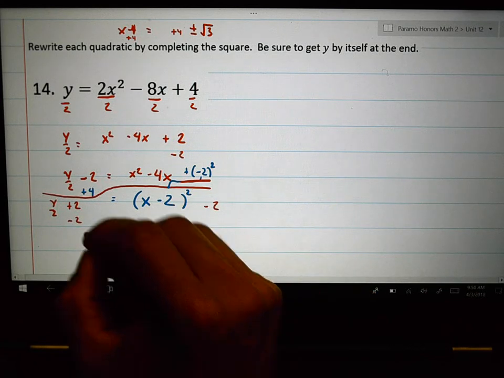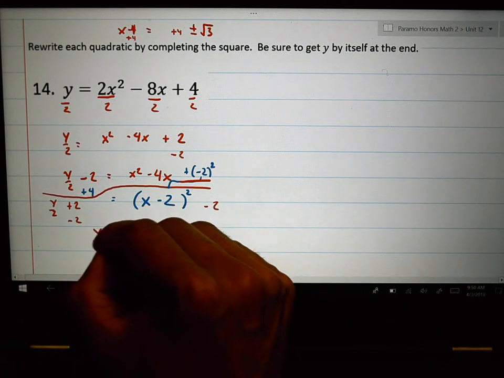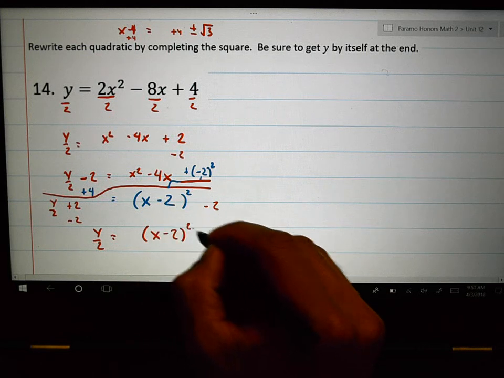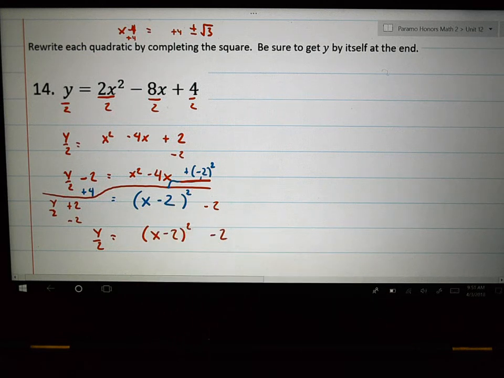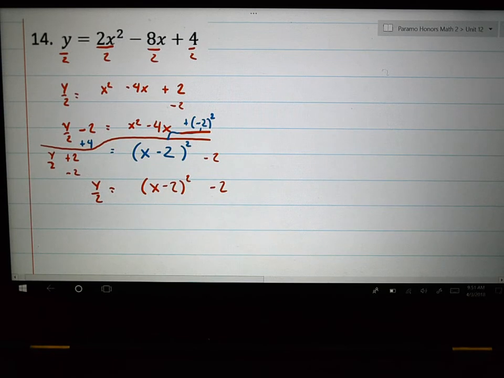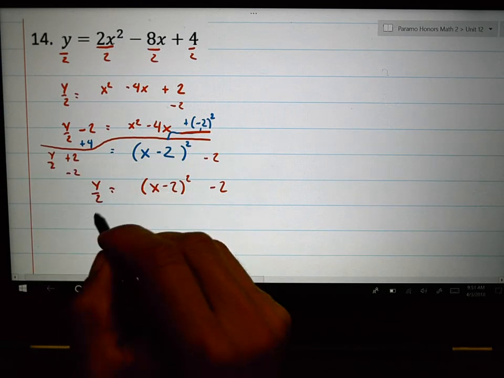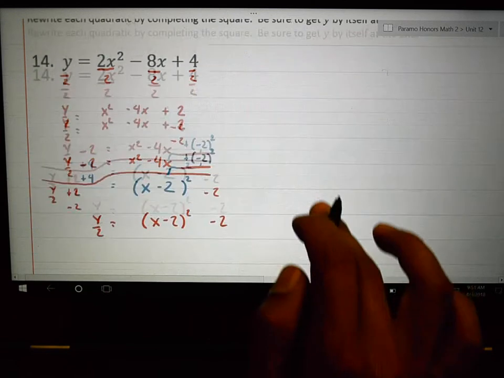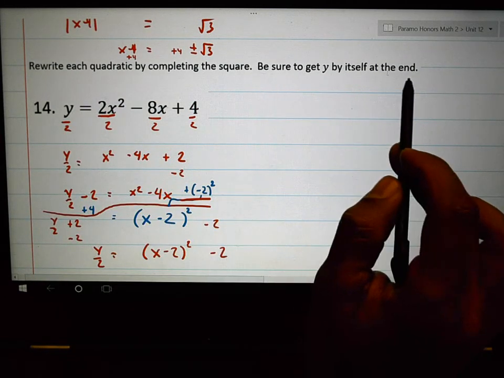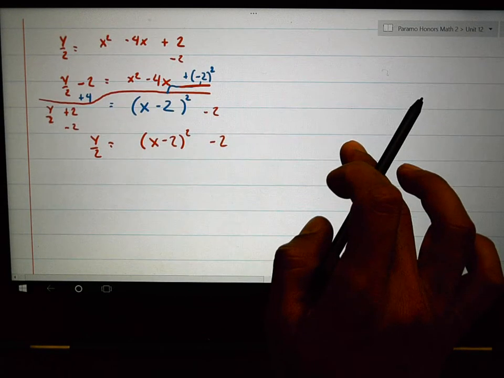So I have y over 2 equals parenthesis x minus 2 squared minus 2. Almost done. And the last thing I do is because I want y by itself. Even the directions say, be sure to get y by itself at the end. Y is almost by itself.